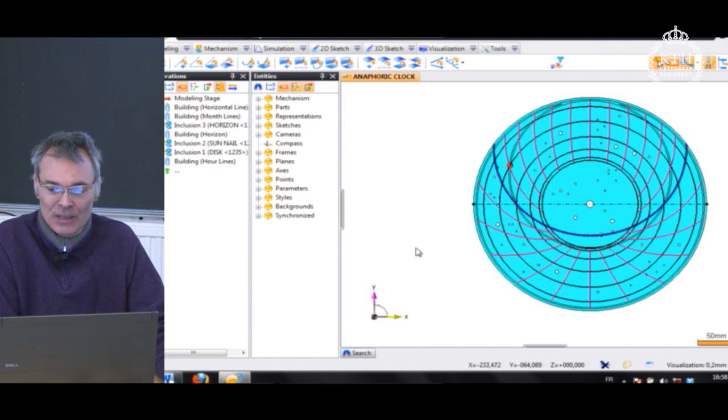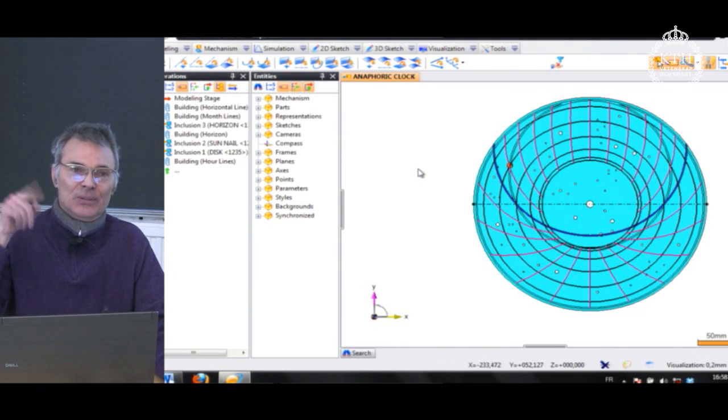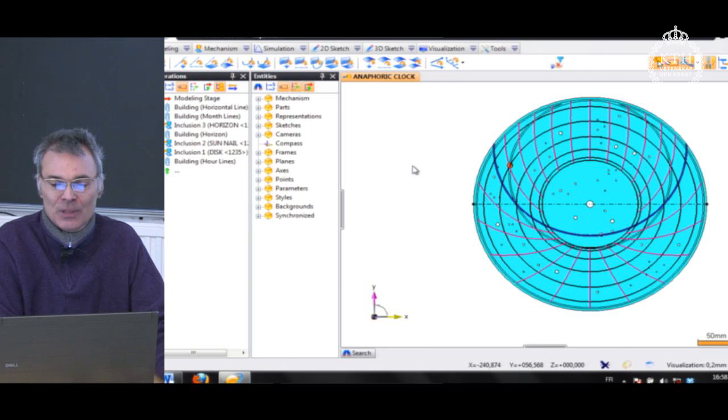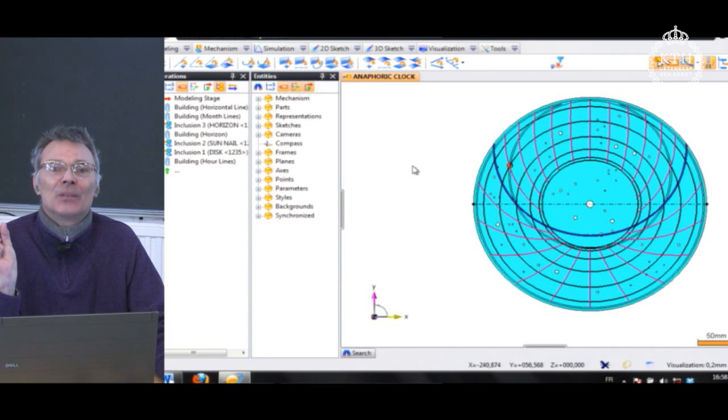In front of the disk, what you see here in red are metal wires that establish the conversion between the variable hours of the time and the constant rotation of the disk.